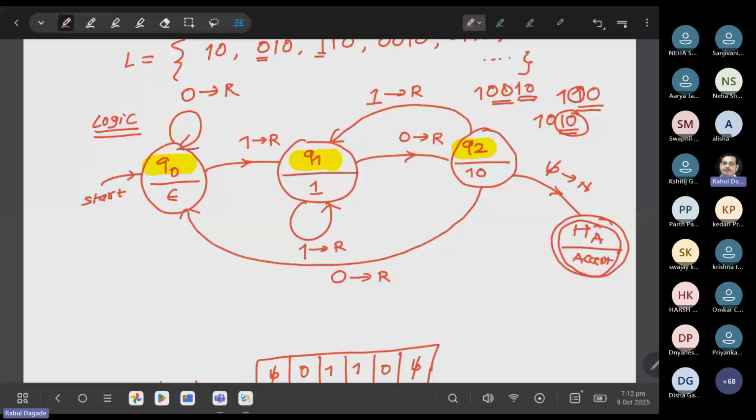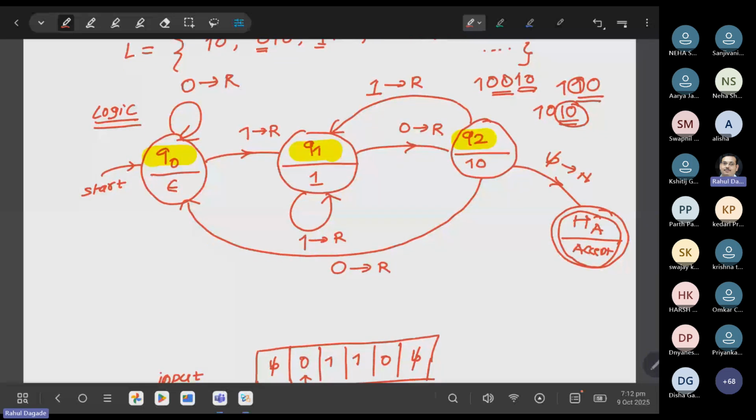Now what will be the reject? Let us take a state HR, which is a reject state. So if in Q0 state I get a blank, then it will reject because it has not got 1 0.